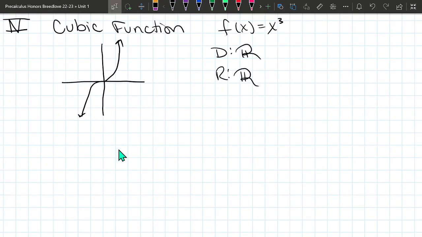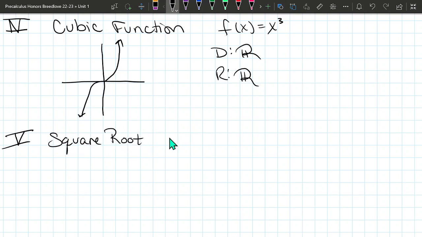And then the square root function is my graph number 5. We have the square root function, where f of x equals the square root of x.